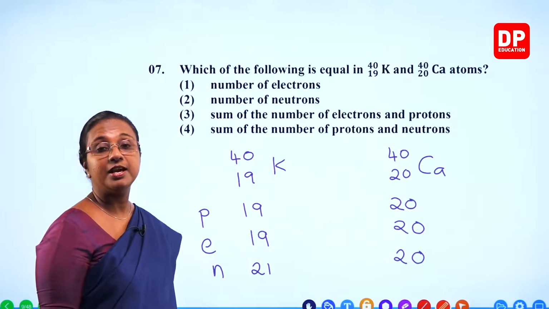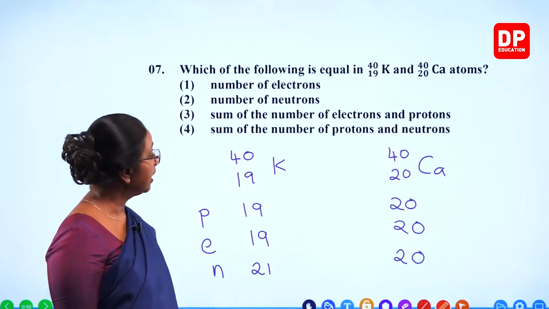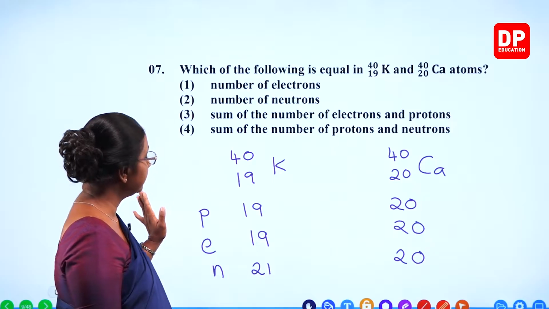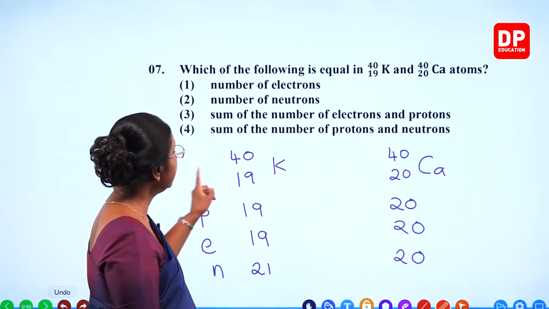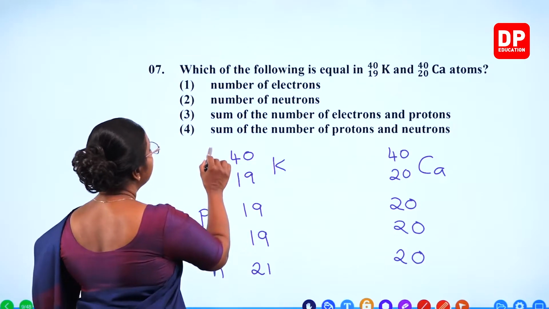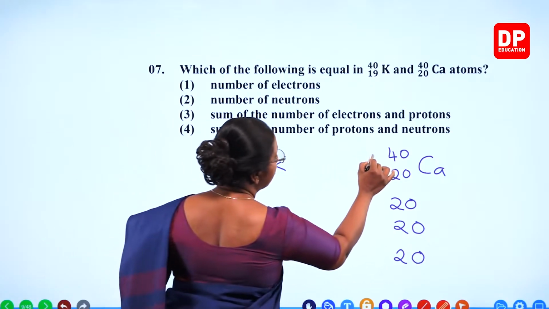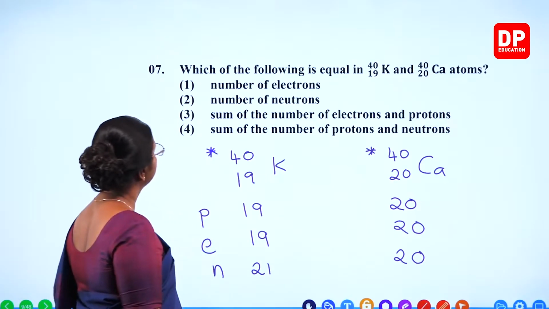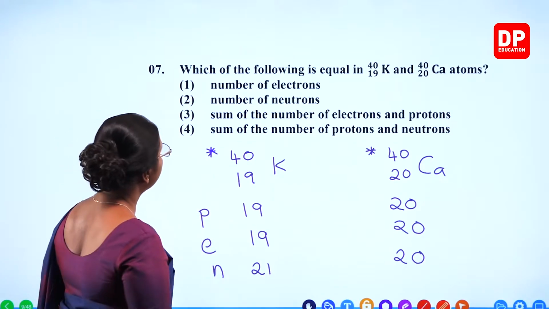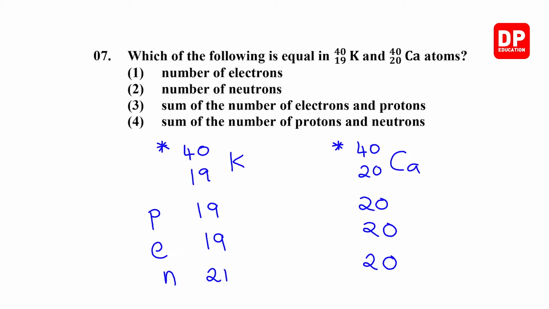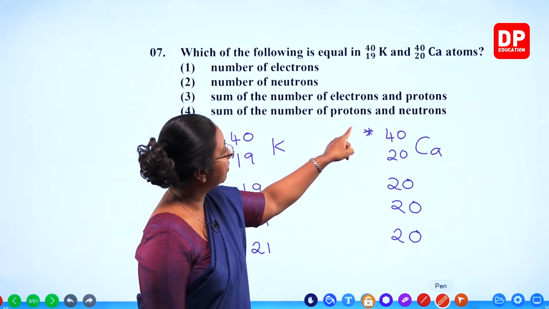Atomic number is anyway a unique property, so it cannot be equal for two different elements. Subatomic particles are also different, but the only similarity is that both of them have the mass number 40. So the answers: number of electrons, no. Number of neutrons, no.